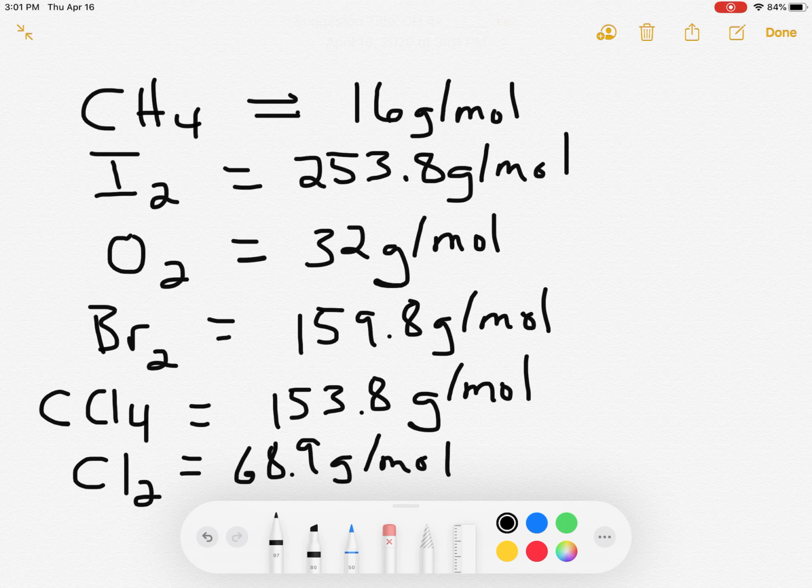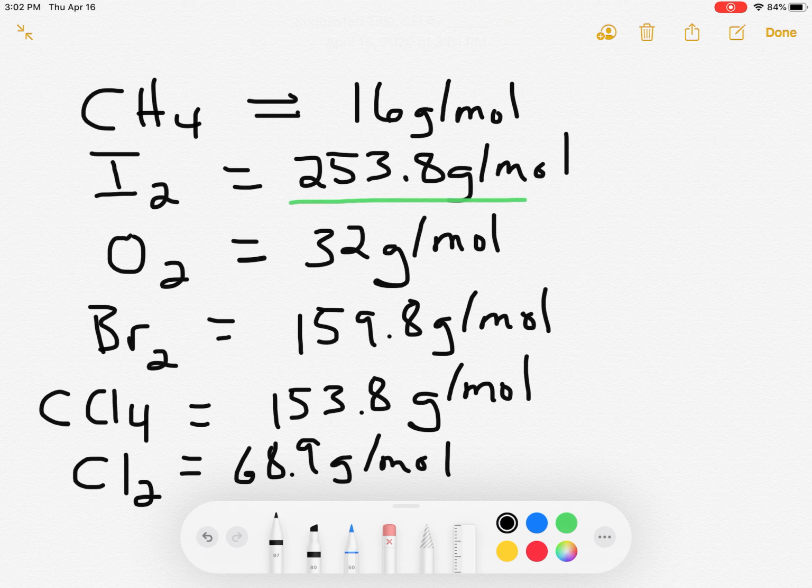Okay, so now that we have the weights, we can put them in order based on their strength of London dispersion forces. So we'll start from highest to lowest. Okay, so the strongest to the weakest. So all we have to do is figure out who has the largest molecule, and that's going to be iodine.